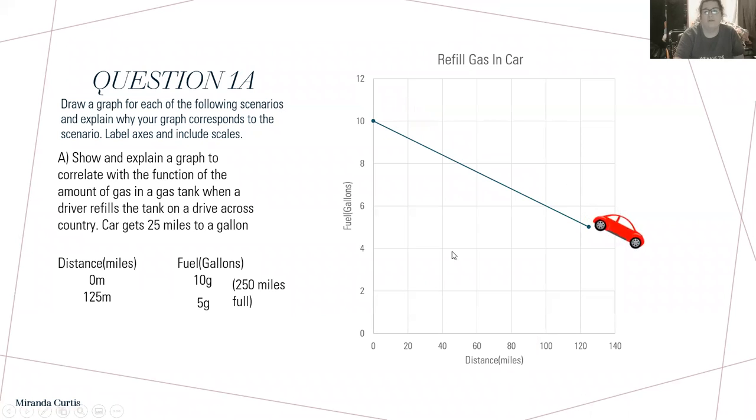And our little car's going down. Right here is our y-axis, and this is the fuel in gallons. This is what we started at, 10 gallons. And when we went to 125 miles right here and we need to fill up, it tells us we needed 5 gallons of gas.